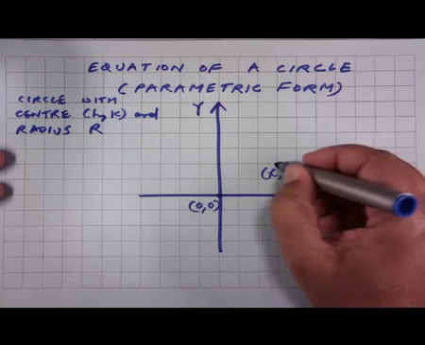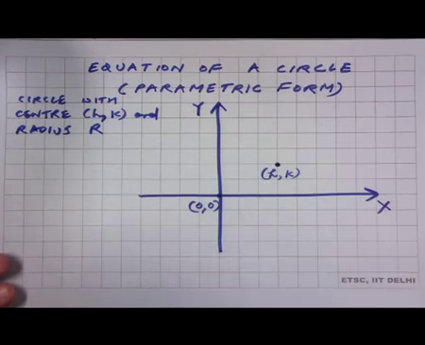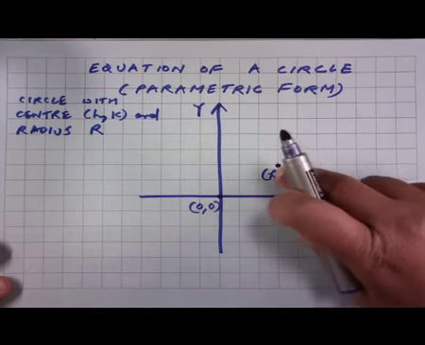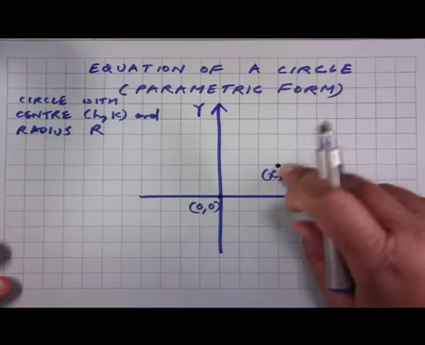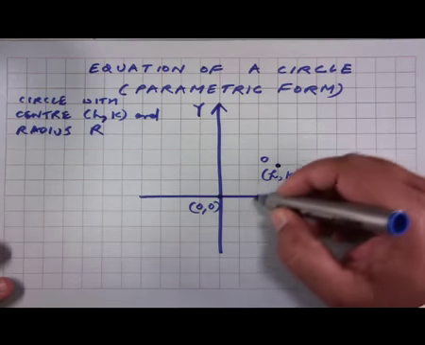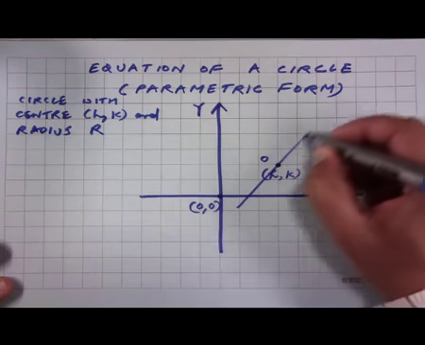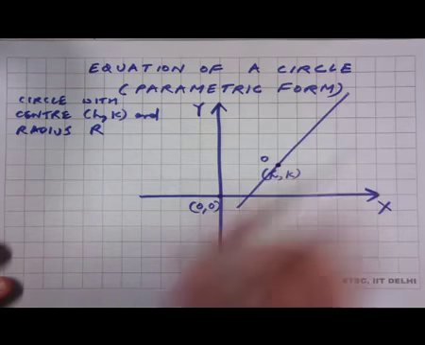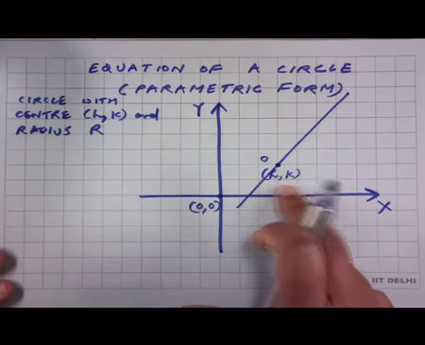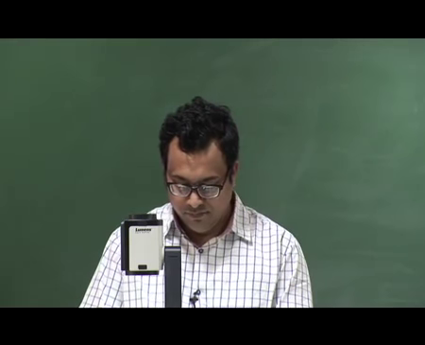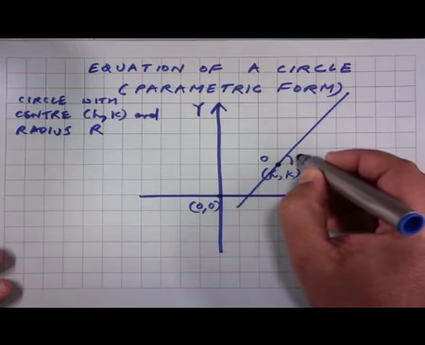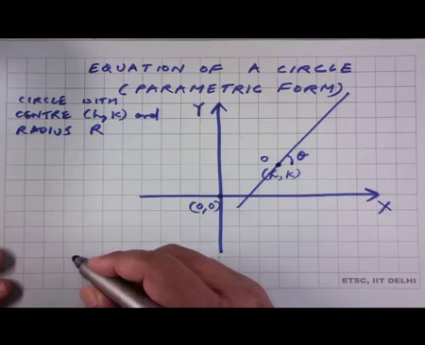Now, we need to go back to that construction of all the points on a circle based on drawing any straight line passing through the center. Now, if we draw a straight line, let us say this line here, which of course passes through the center of the circle (h, k), and let this straight line make an angle of theta with the x axis.